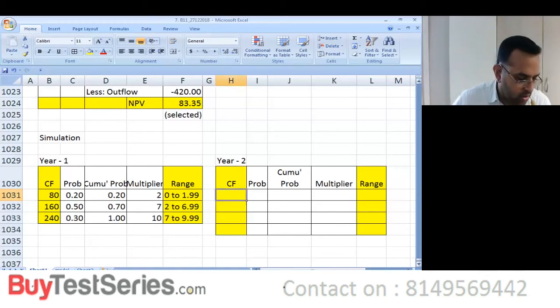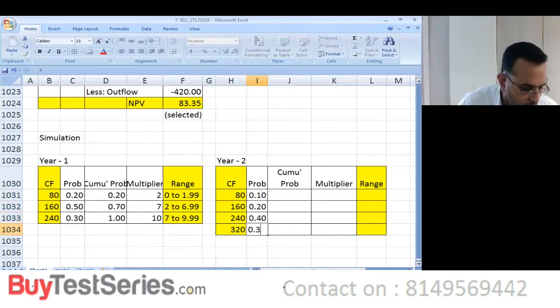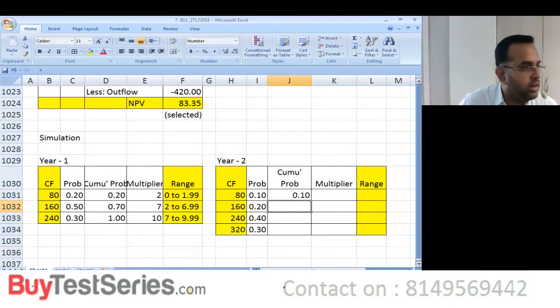Year 2. Guys, year 2 cash flows are 80, 160, 240, 320. And probabilities are 0.1, 0.2, 0.4 and 0.3. Cumulative probabilities are 0.1, 0.3, 0.7, 1, correct?